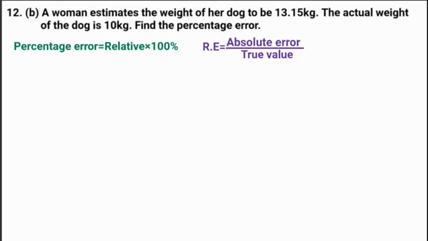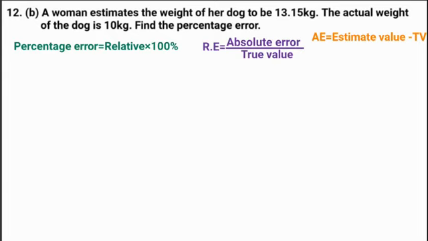So we are going to find the absolute error, using the formula: absolute error is equal to estimate value minus true value.